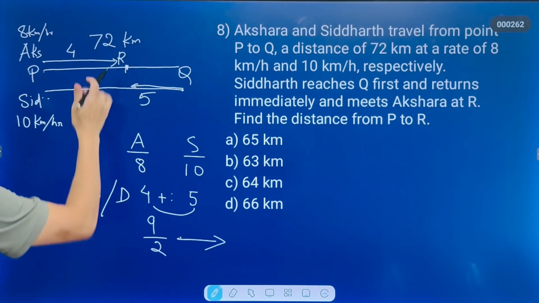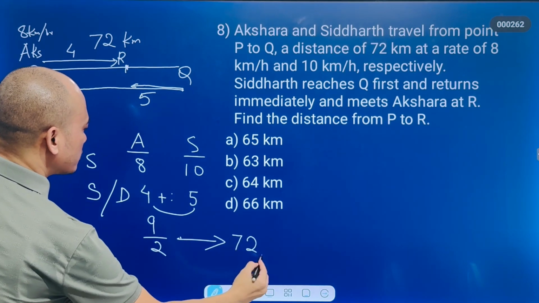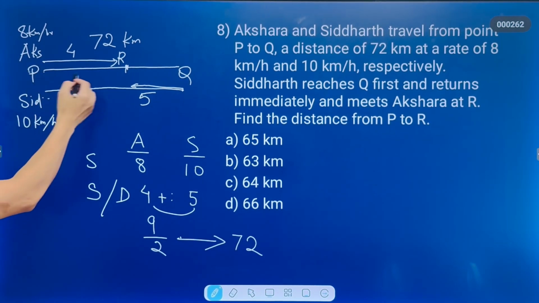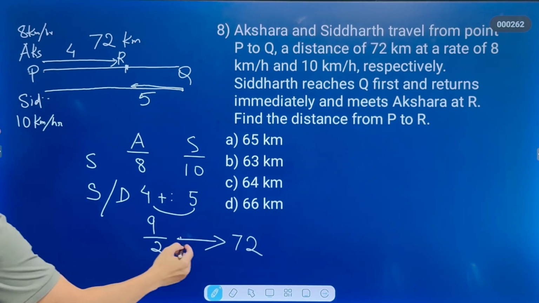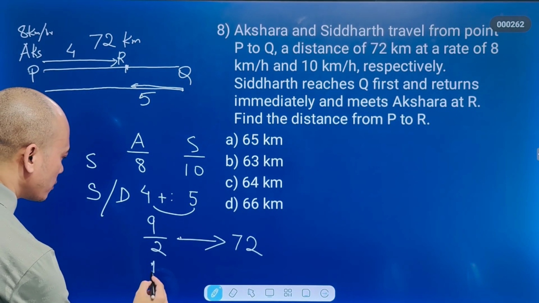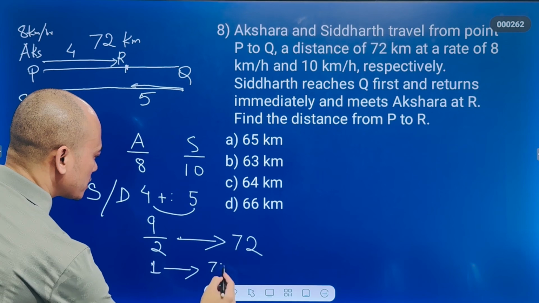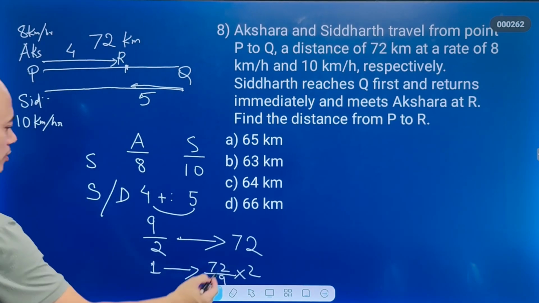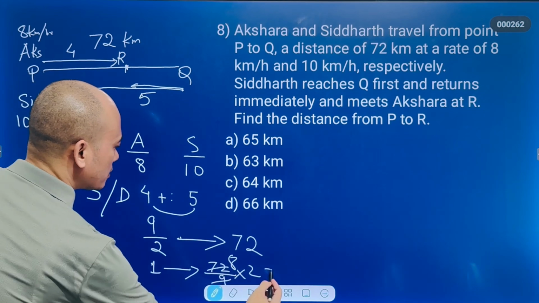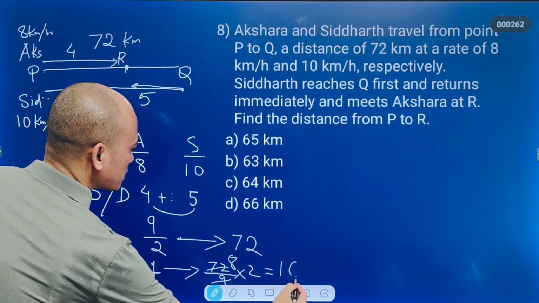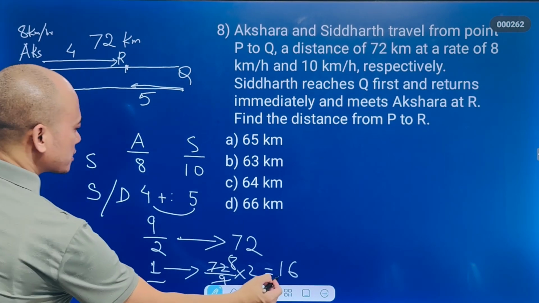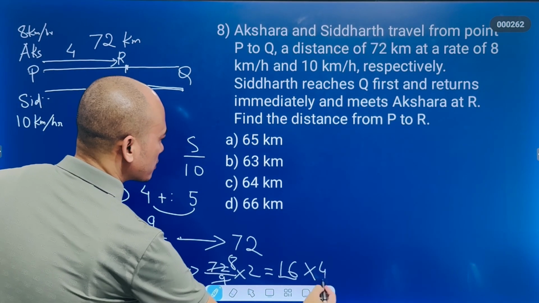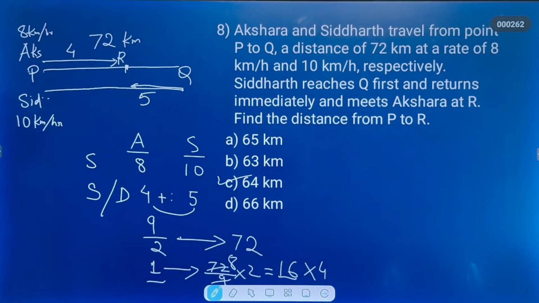The whole distance is given as 72 kilometer, so 9/2 is equal to 72, so 1 unit is equal to 72 divided by 9/2, which is 9 eights are 72, 8 twos are 16. If 1 unit is equal to 16, then 4 units will be 16 into 4, that is 64 kilometer.